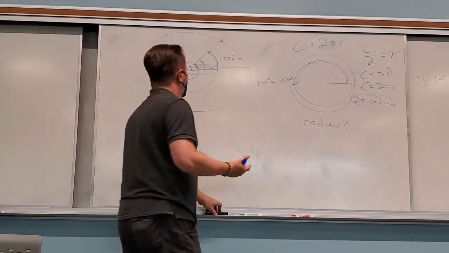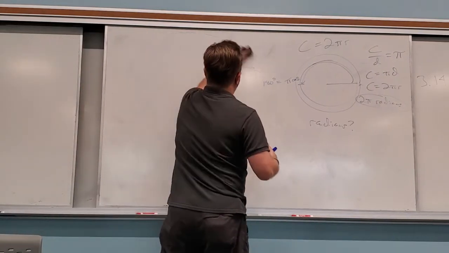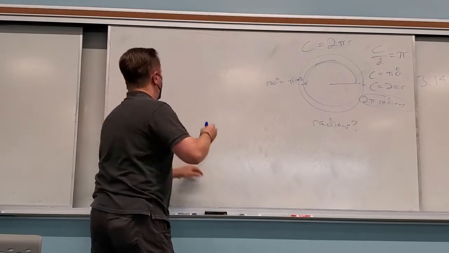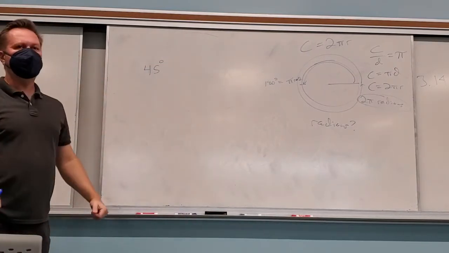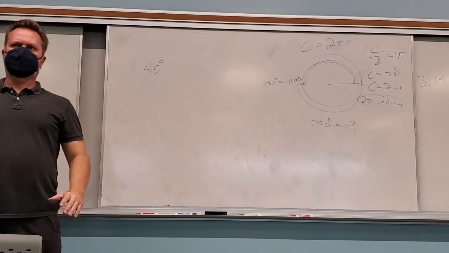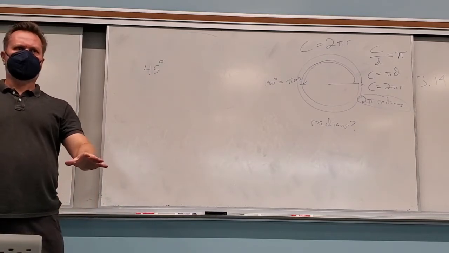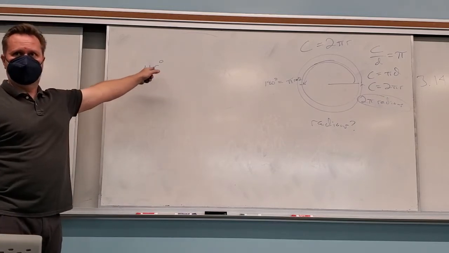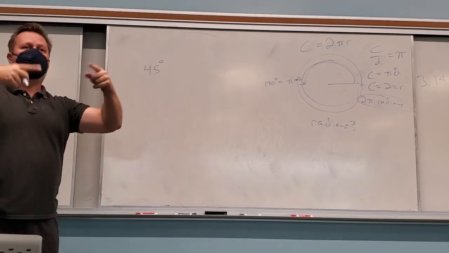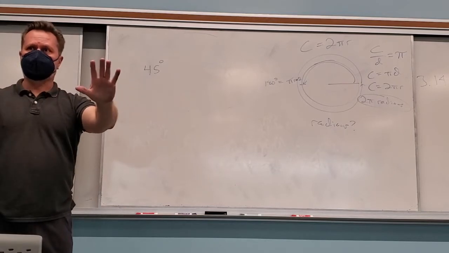So if I know that I've got 45 degrees, how can I make that into radians? Here's a beautiful way to do it. What unit am I currently in? Degrees. And I don't want degrees. I want to make it radians, correct?